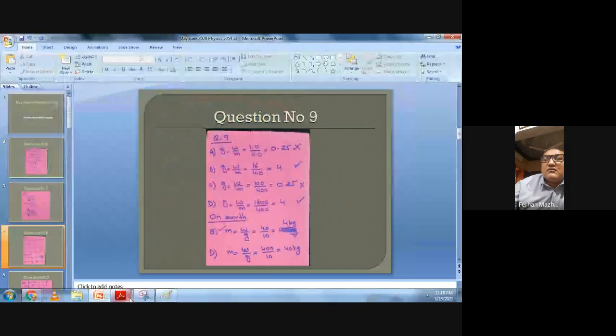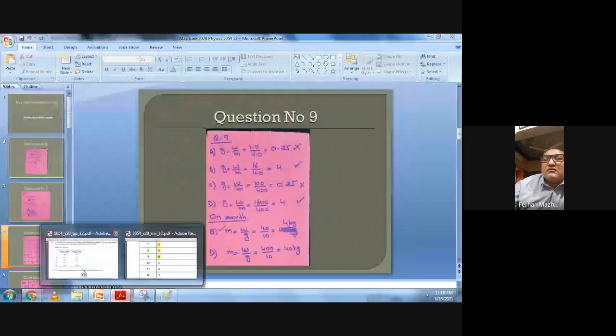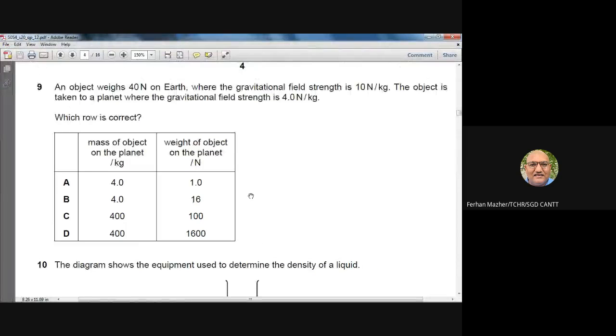You should use the first methodology which I told you. The weight on the Earth is given. The g value on the Earth, we know that. So divide the weight by the g value, you get the mass, that is 4 kg. The mass will remain the same when you go to the other planet.